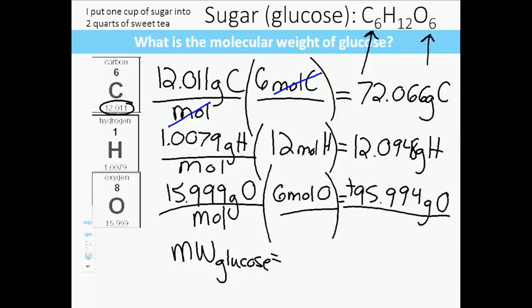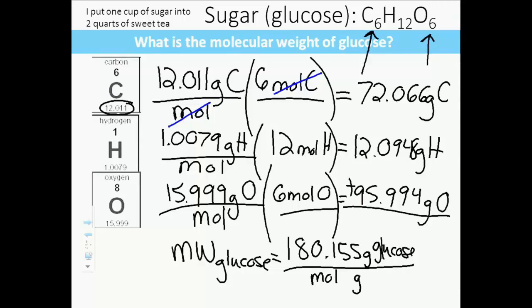So 95.994 plus 12.0948 plus 72.066, and since 2 of our elements have just 3 decimals, let's round it to 3 decimals. 180.155 grams of glucose per mole of glucose. So that's our molecular weight of glucose.